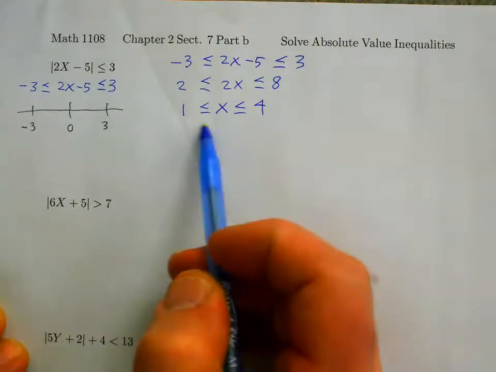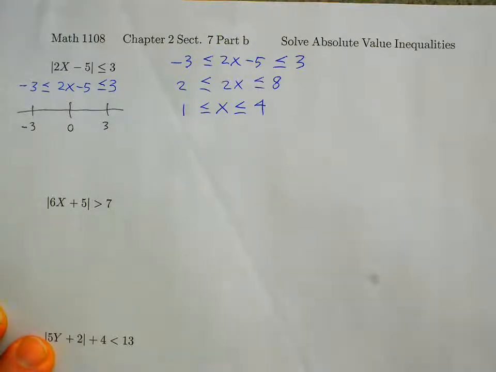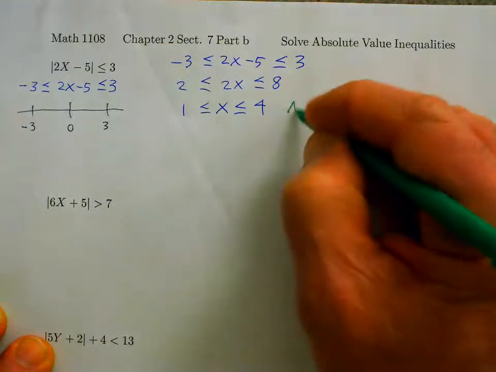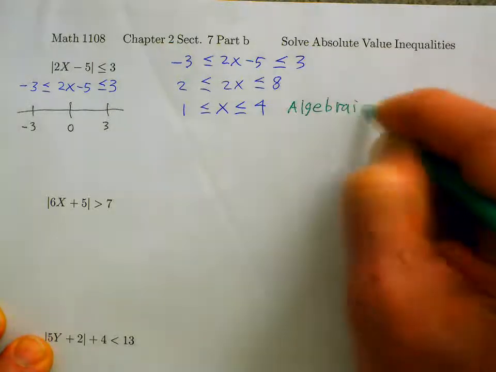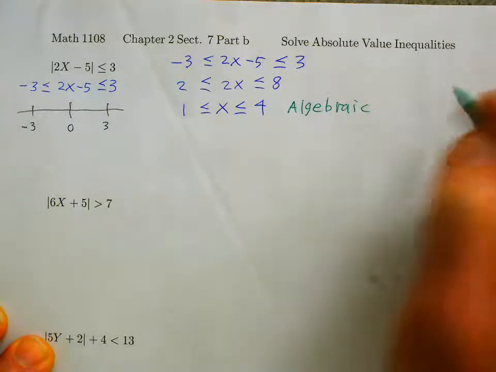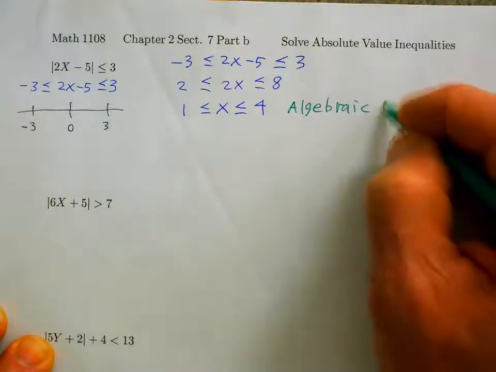This is the algebraic notation for the solution set. The word and is implied, but we don't write the word and in this case.